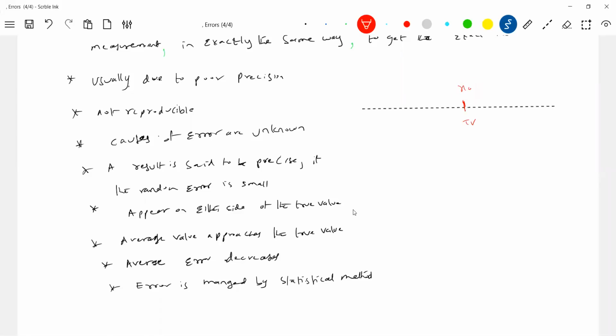When you do measurement, one reading x1 will be here, another x2, another x3, x5, x6. All the measured values are due to random error, and x naught is the true value. So the measured values lie on either side of the true value.